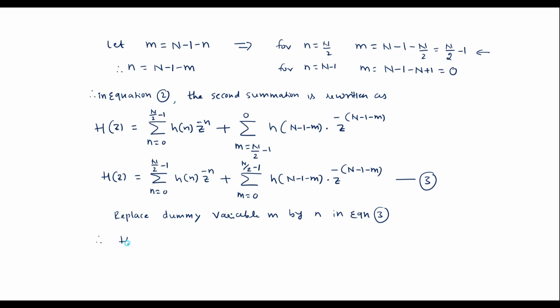Therefore I can rewrite equation 3 as H of z is equal to, first summation I will write as it is, n is equal to 0 to N by 2 minus 1 h of n z power minus n plus summation, here instead of m I will use n is equal to 0 to N by 2 minus 1 h of, this is capital N minus 1 minus m, I will represent it as n, into z power minus N minus 1 minus n.